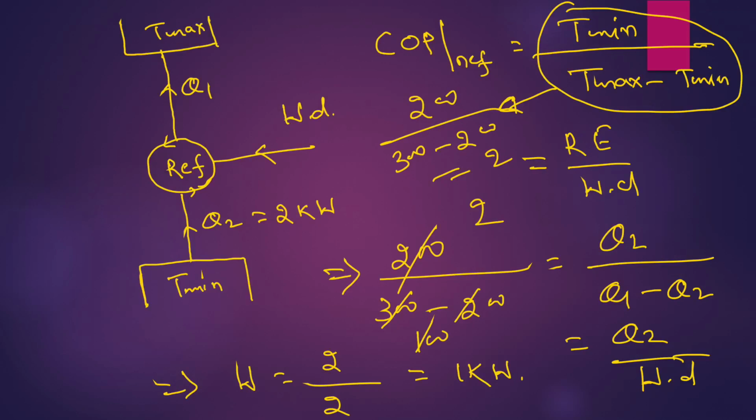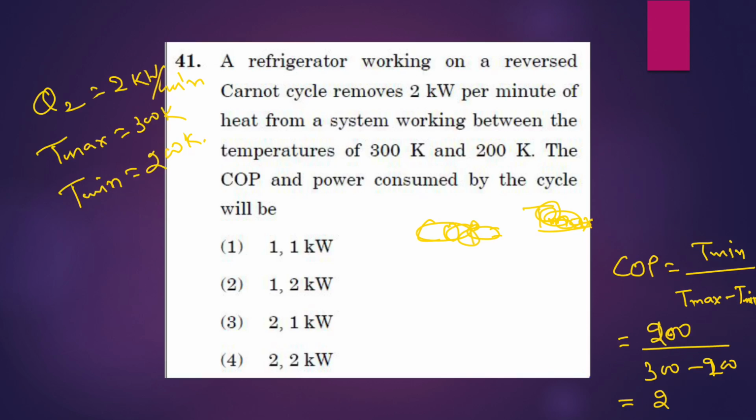Sorry, 200 by 100, you will get 2. COP is 2. Work done is 1 kilowatt and COP is 2.